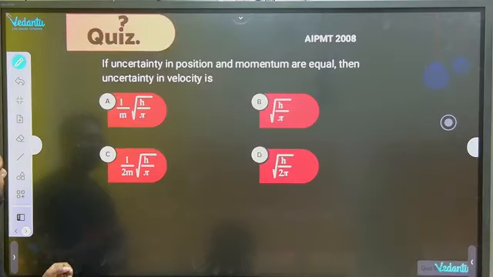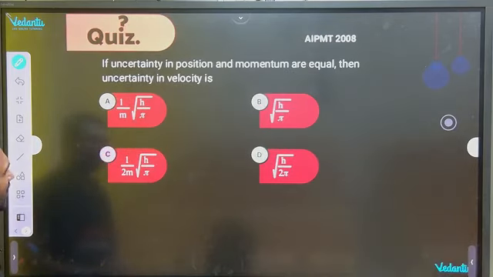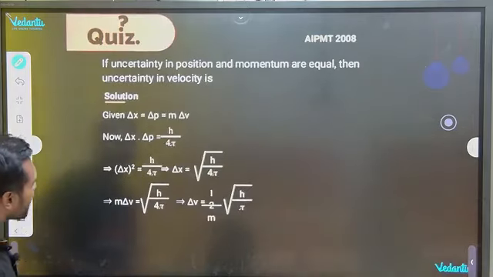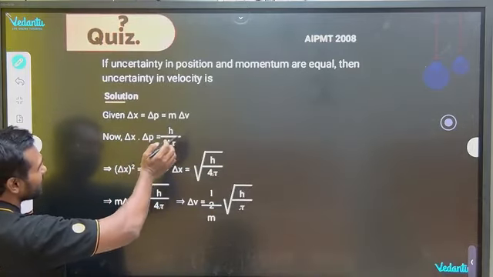I already said this just now, this is important. This is a 2008 question. Uncertainty in position and momentum are both equal. Then you have to find the uncertain velocity. You can see the uncertain position and momentum are both equal here.